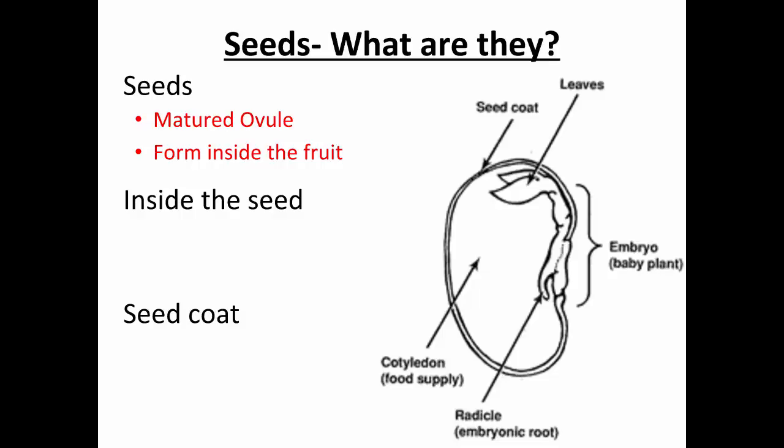And inside of that seed, there's the embryo, basically a tiny little plant inside of there. And then there's the food supply, the cotyledon. It's made of a starchy substance. That's why we eat seeds. What kind of seeds do we eat? Pumpkin seeds. Yeah, pumpkin seeds. What do we eat that you don't actually call a seed but is a seed?